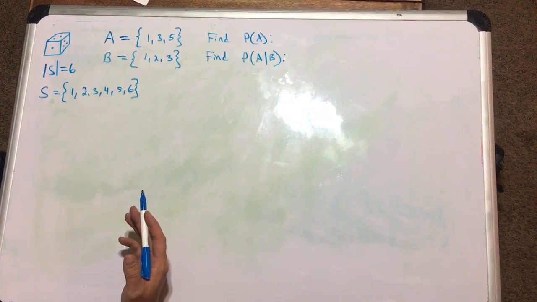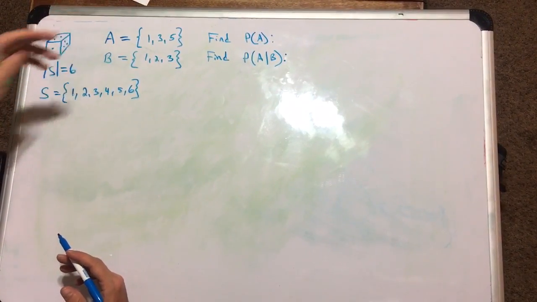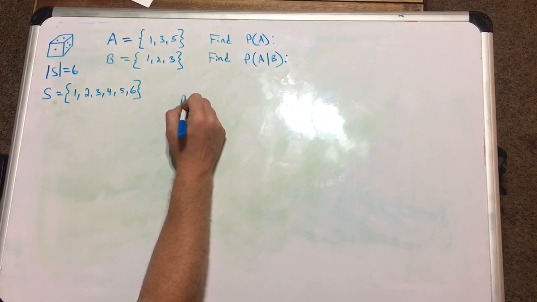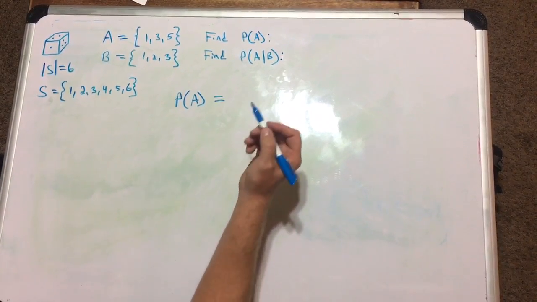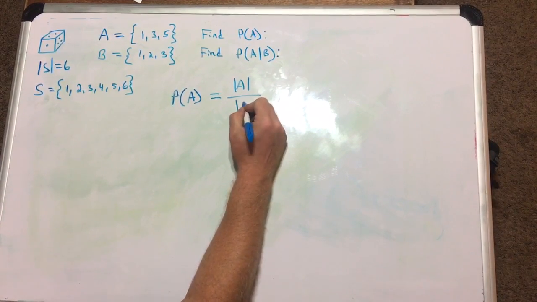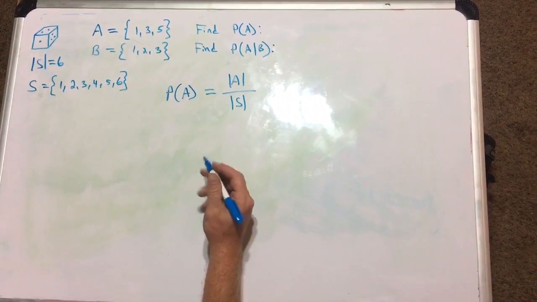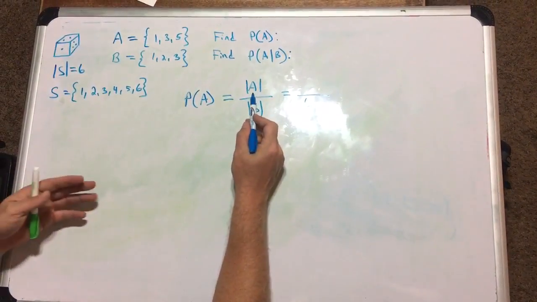Let's start with the probability of event A happening. The equation for the probability of event A is the cardinality of A divided by the cardinality of the sample space. We already said the cardinality of the sample space is 6. There are only 6 possible outcomes. So how many outcomes are in A? Well, there are 3.